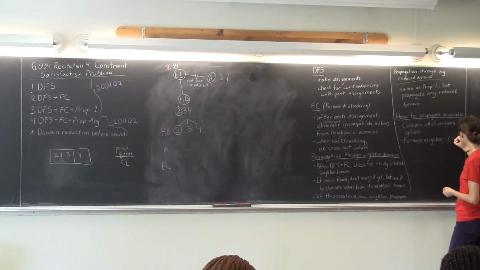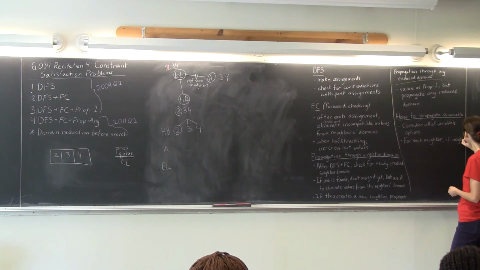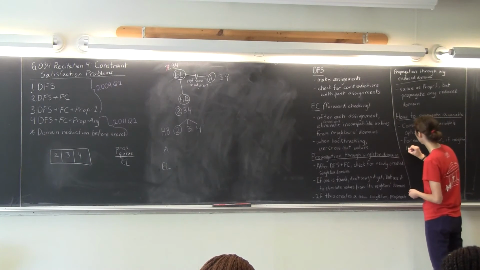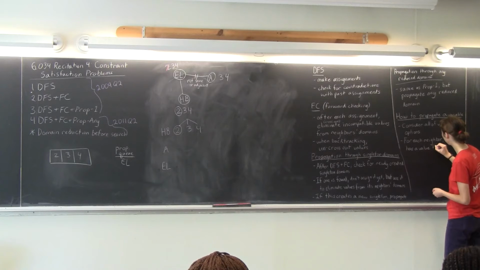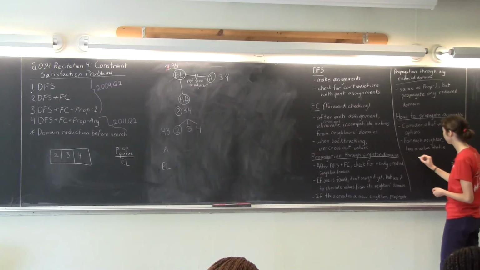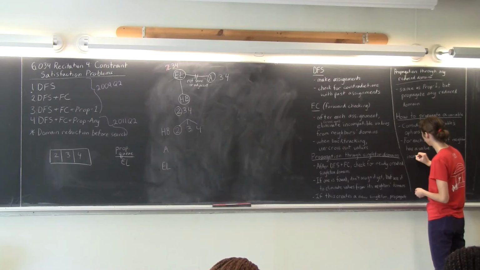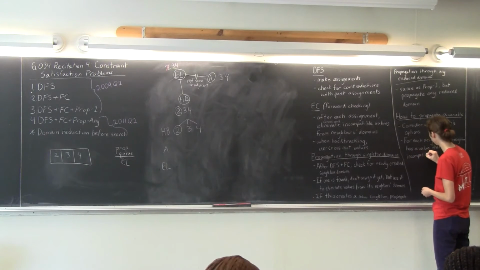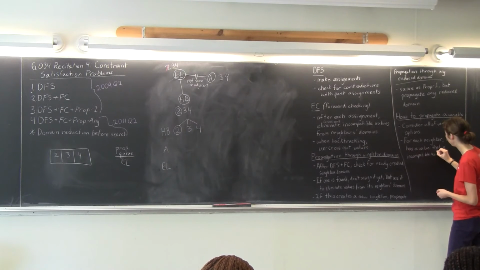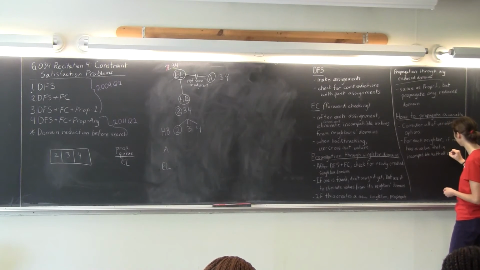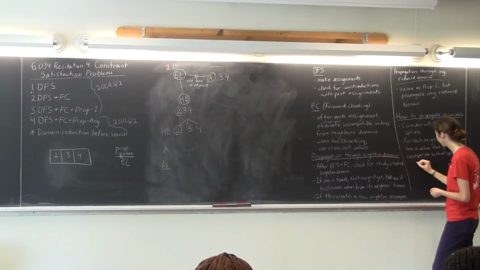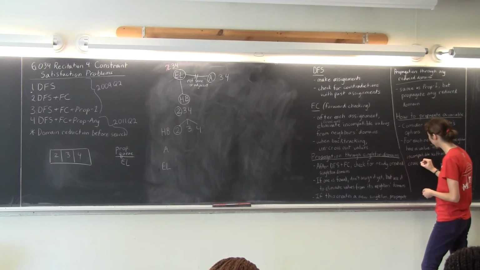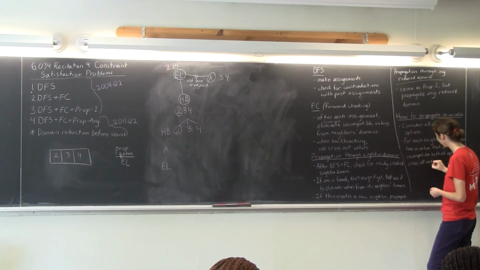So for each neighbor, if the neighbor has a value that is incompatible with all of the original variable's options, cross off the neighbor's value.